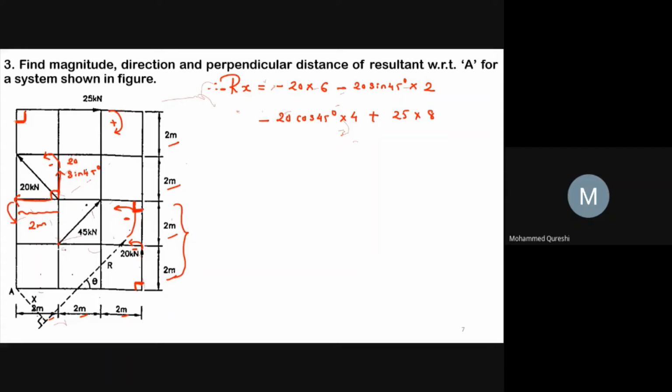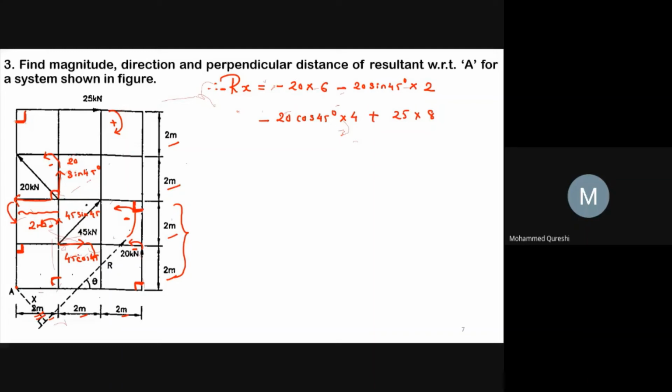Now this 45 kilonewton force produces zero moment, as it has components 45 cos 45 and 45 sin 45. 45 cos 45 makes a perpendicular distance of 2 from this point, and it will move in clockwise direction, and 45 sin 45 will move in anticlockwise direction, hence negative, and it makes a perpendicular distance of 2 meter only.